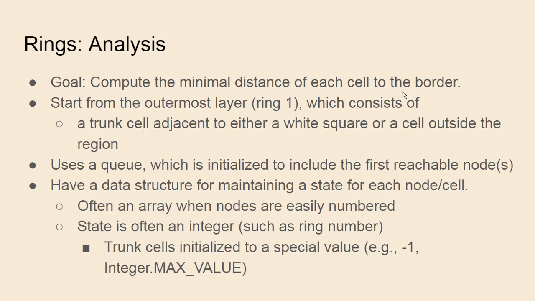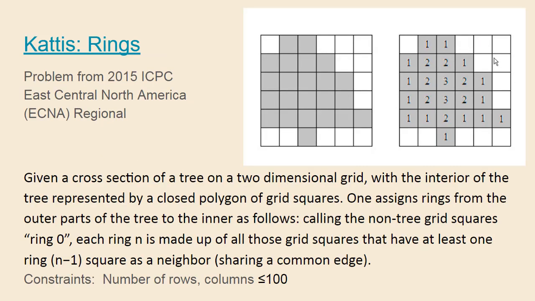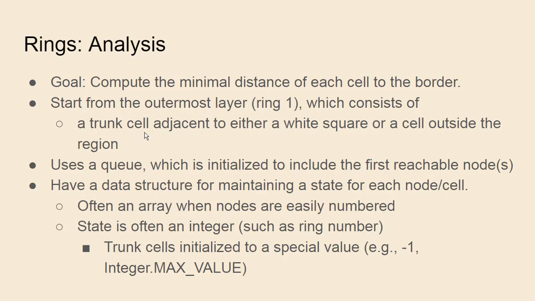It's a little bit similar to the previous problem where we wanted to compute the minimum distance of each cell starting from the top left cell. But here there is a difference, because we're not computing distance to any single cell, but rather to all the white cells and the border cells. If you are directly adjacent to one of the white cells or something outside, then your distance is 1. That's the distance we are computing.